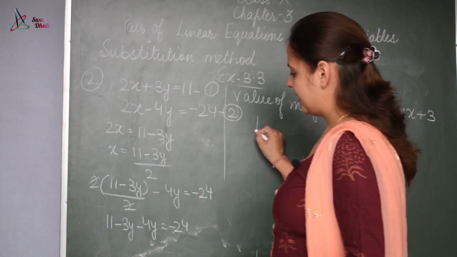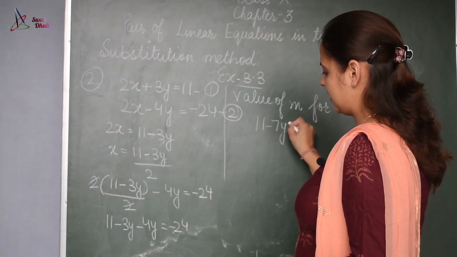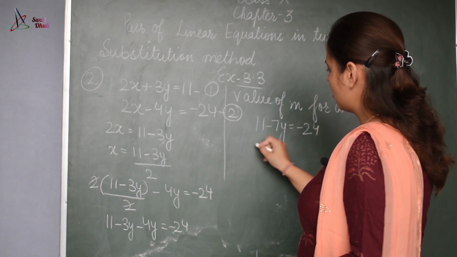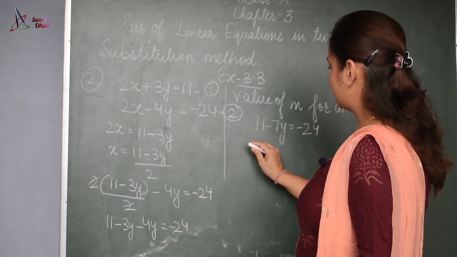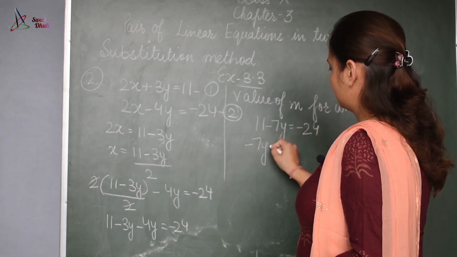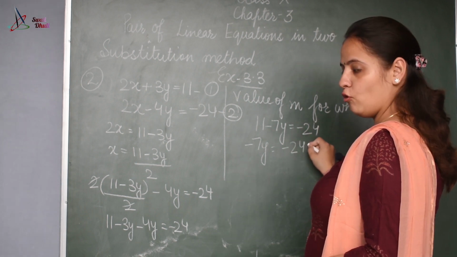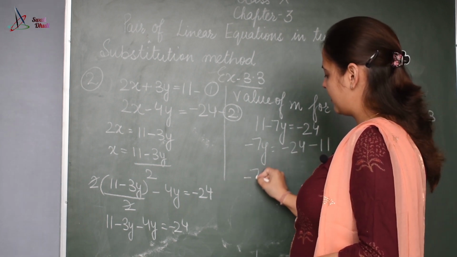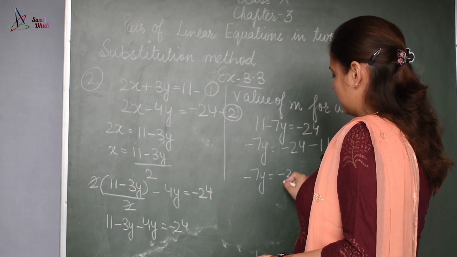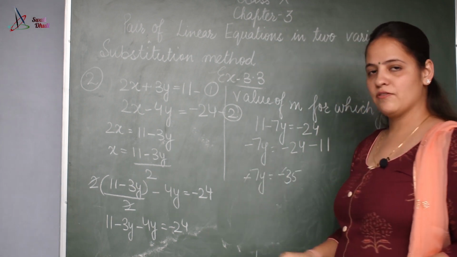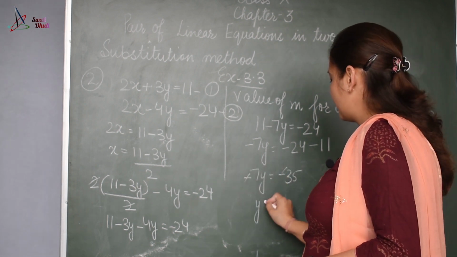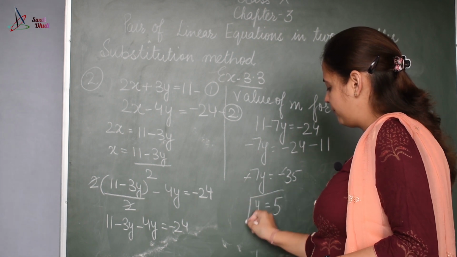Now what you will get? 11 minus 7y is equal to minus 24. So minus 7y is equal to minus 24 minus 11. So minus 7y is equal to minus 35. Minus and minus will be cancelled out. So you will get y as 5.